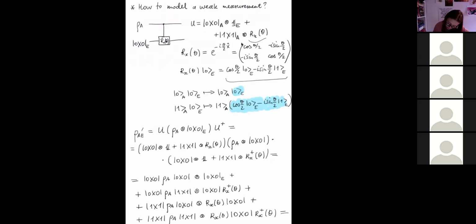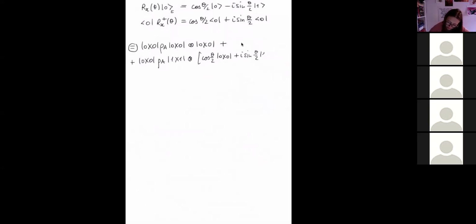Let me check. So this was Rx acting there. And then this will be 0, 1. Plus the next term. And here we will get cosine theta over 2, 0, 0, minus I sine theta over 2, 1, 0. Plus the final component, which is a bit painful, but hang on.